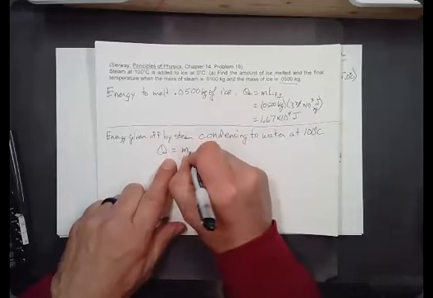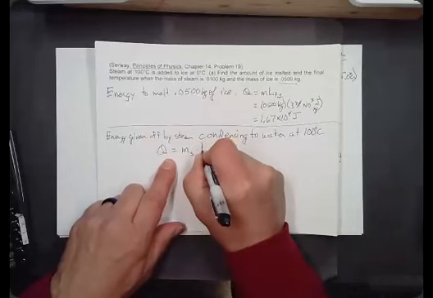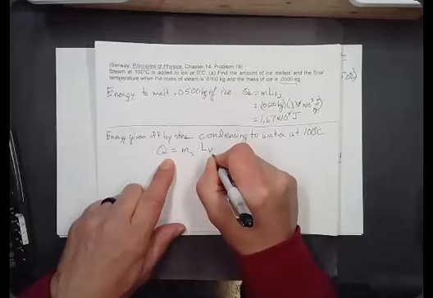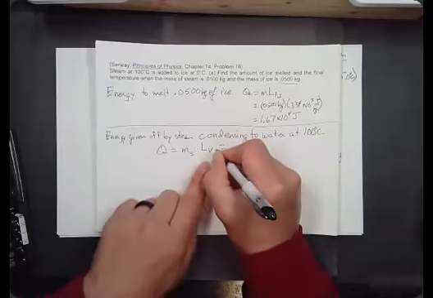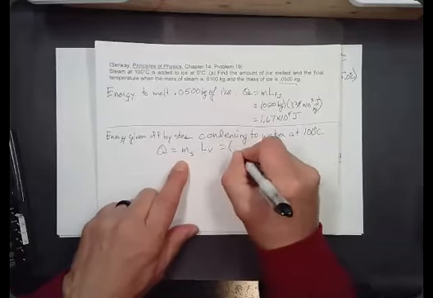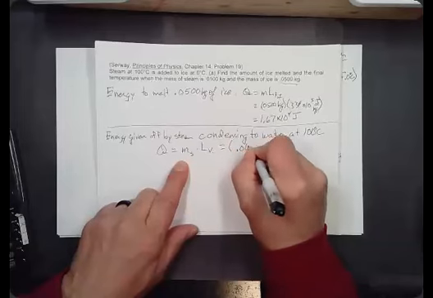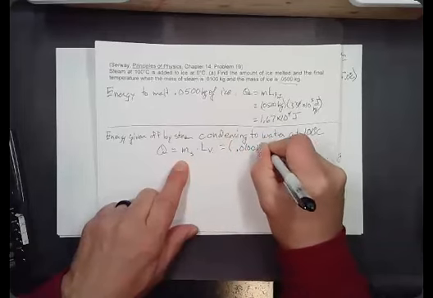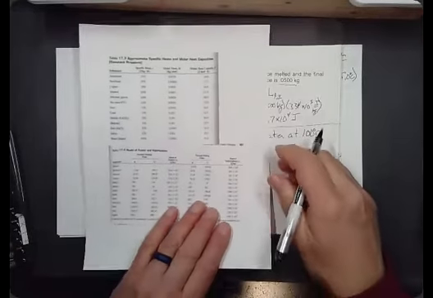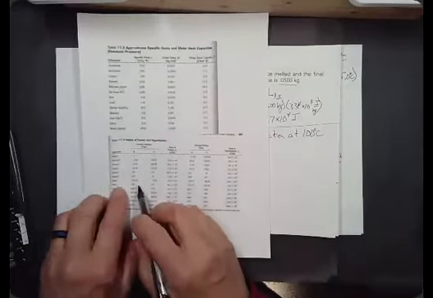It'll equal the mass of the steam times the heat of vaporization for water. I've got 0.0100 kilograms, and I'll be multiplying by the heat of vaporization for water, which I need to track down here.